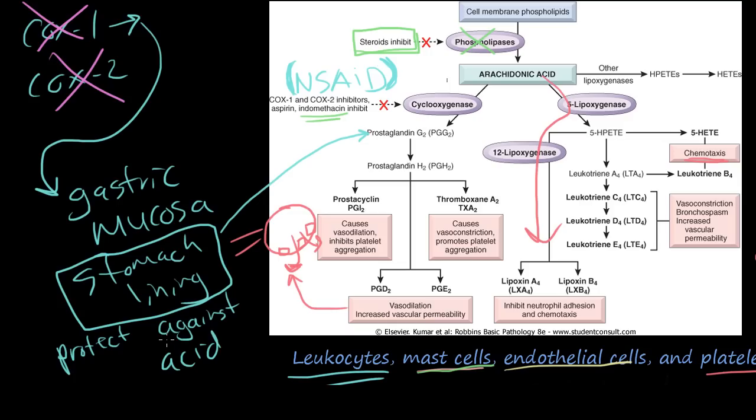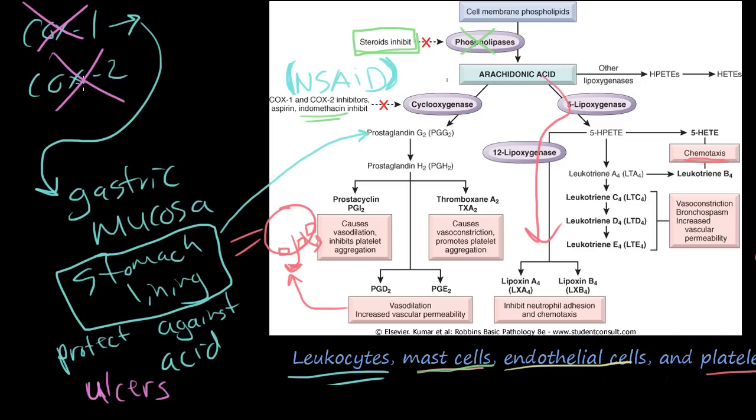When people take these non-steroidal anti-inflammatory drugs, like ibuprofen or Tylenol, for long periods of time, you're going to get stomach ulcers, because the acid is going to eat away your stomach lining. You're not producing these prostaglandins, because you're taking drugs that knock out both versions of this cyclooxygenase enzyme.